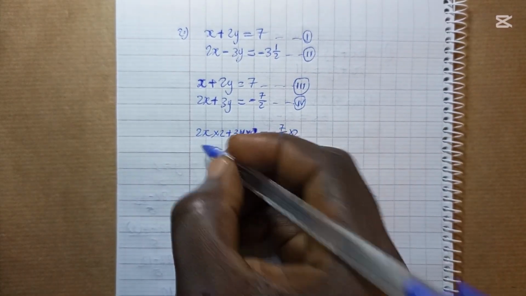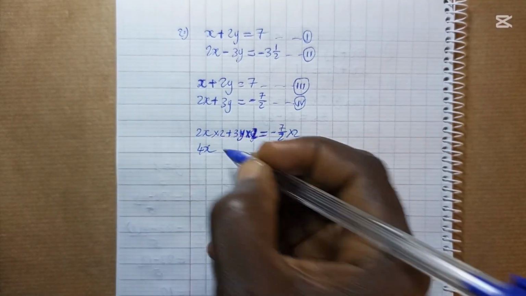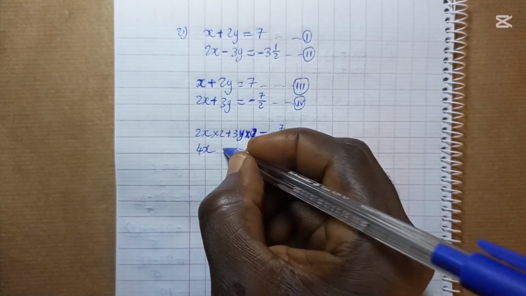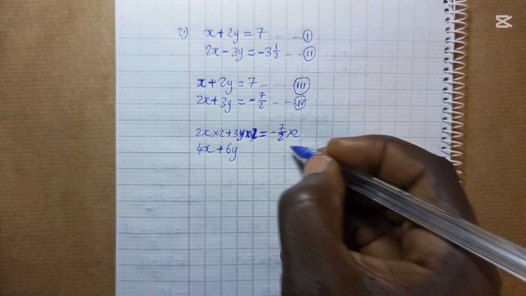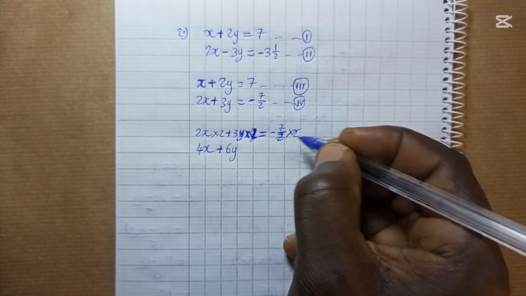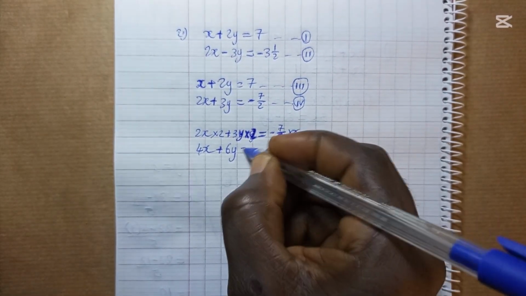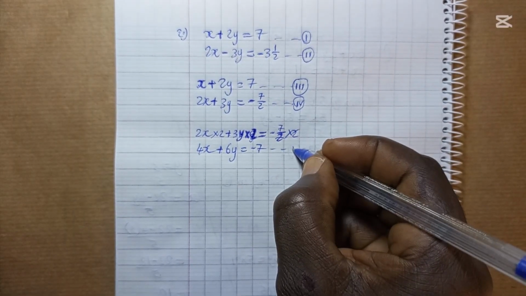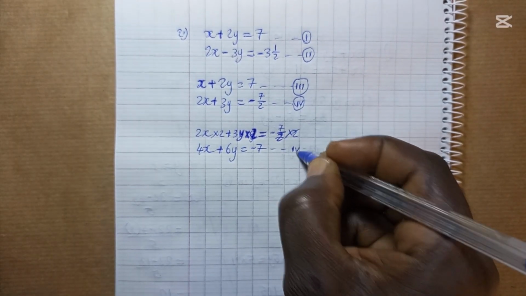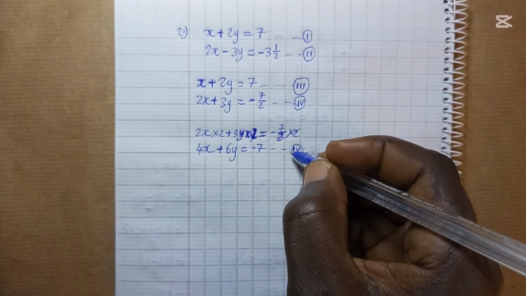So 2x times 2 will give us 4x, and 3y times 2 will give us 6y, and then here 2 will cancel out 2, we have minus 7 left, so equal to minus 7. This is equation 4.